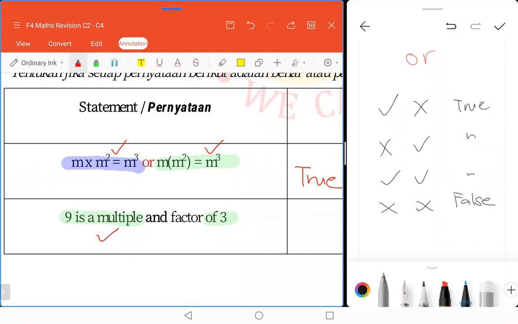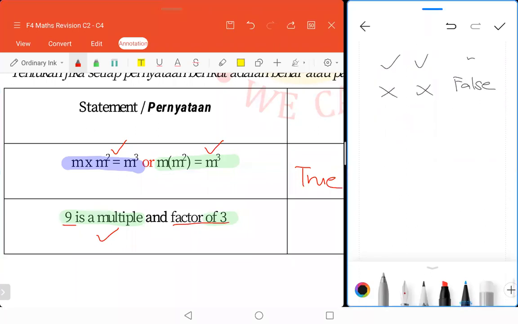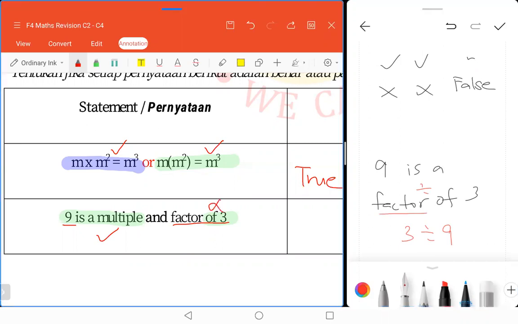And the answer is no. 9 is a factor of 3 means 3 can be divided by 9 without remainder. Yeah, that's the meaning. Factor means divide. So this one here is wrong, right?